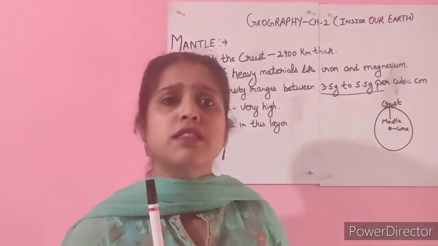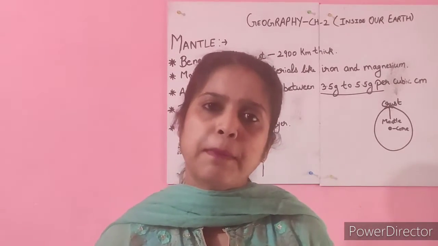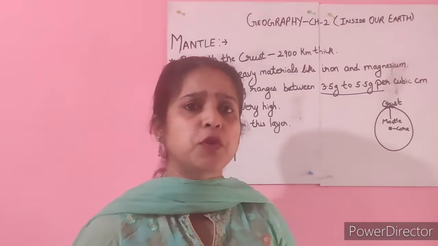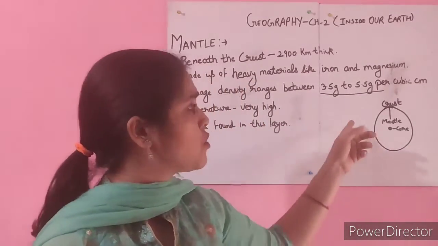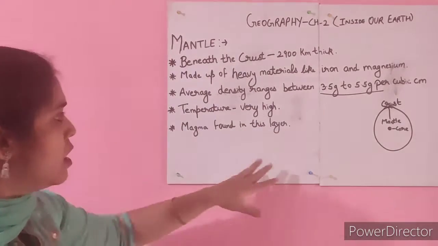Secondly, it is made up of heavy materials like iron and magnesium. Then the average density is between 3.5 to 5.5 gram per cubic centimeter.